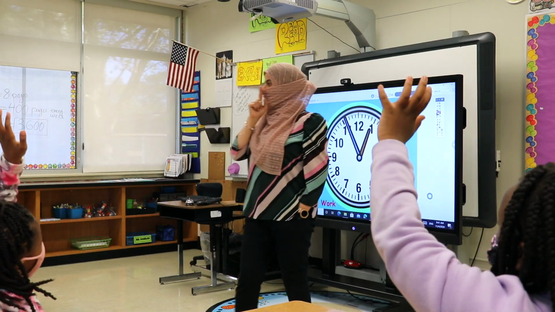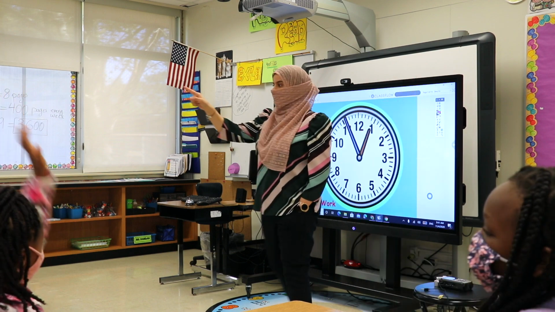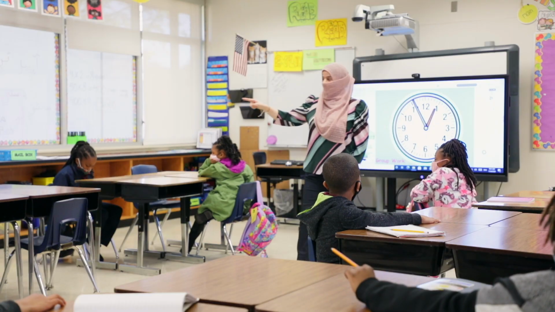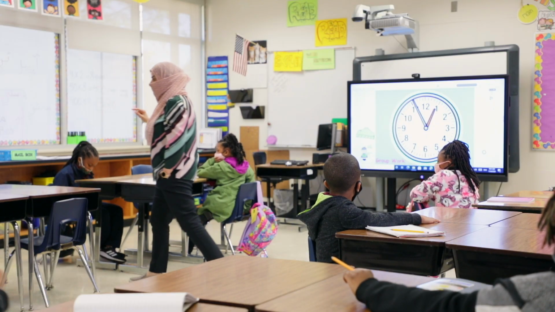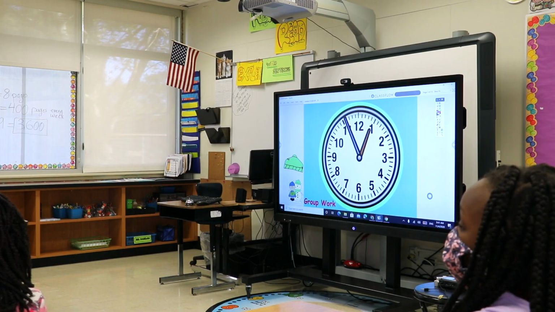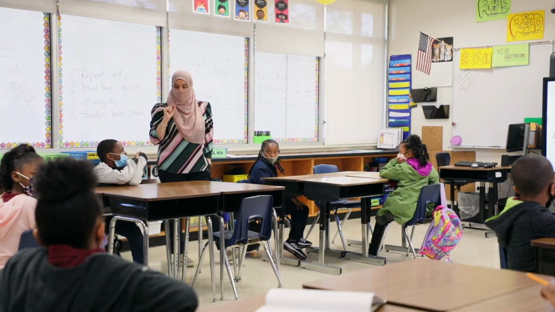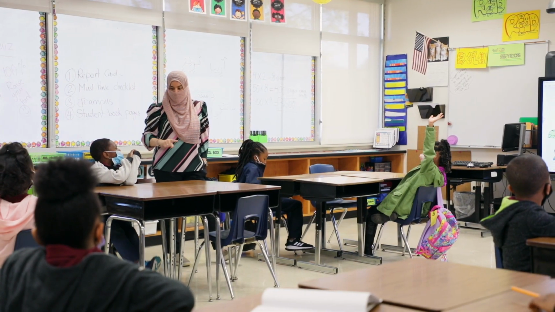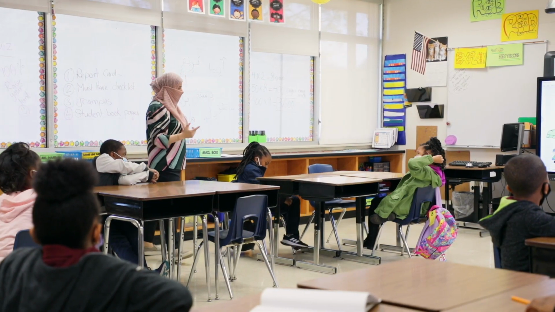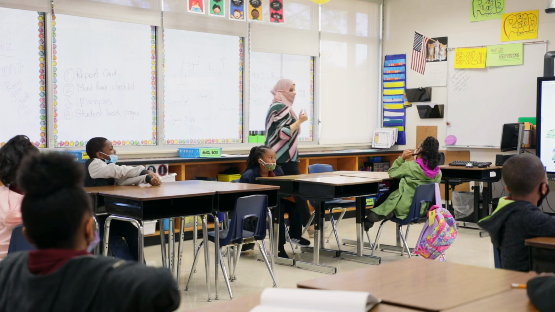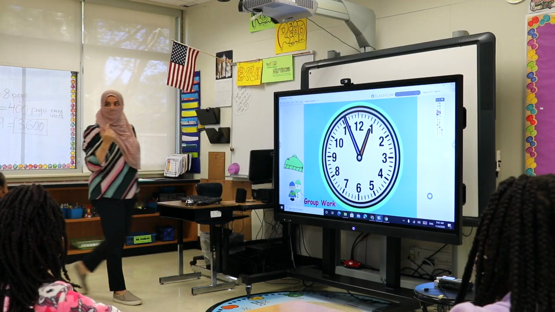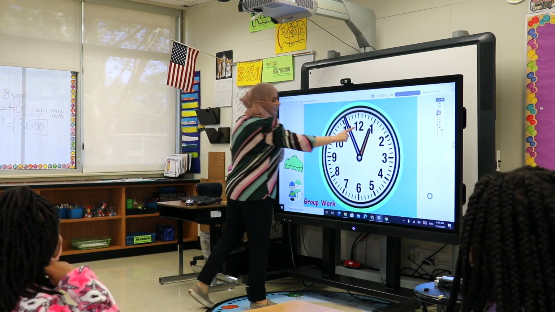Let's see. Trevor. I know it's not 1 yet because the minute hand is on a race. And what is that race? The 60 minutes. So I know that it's not 1 yet.